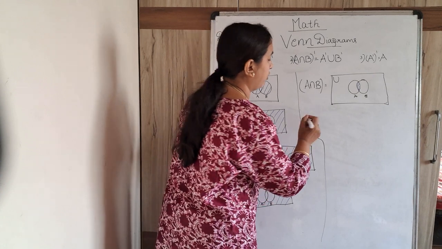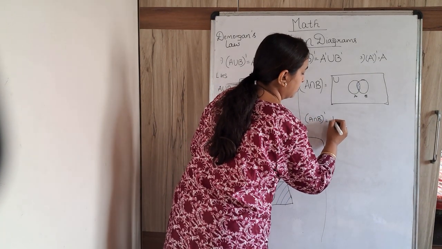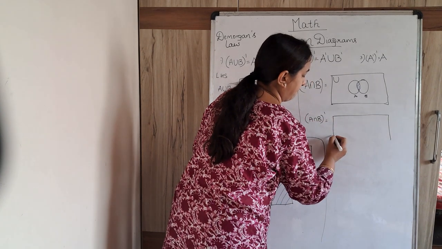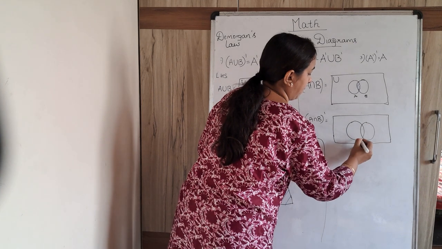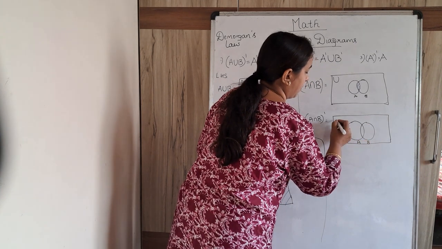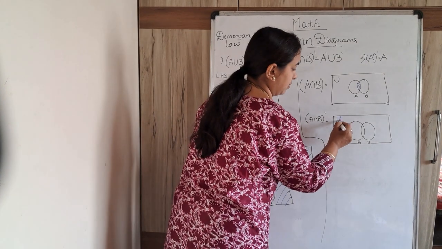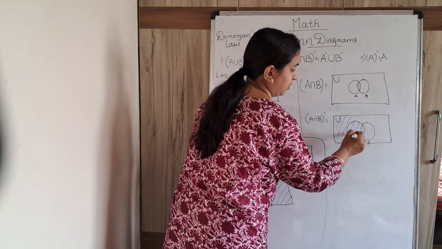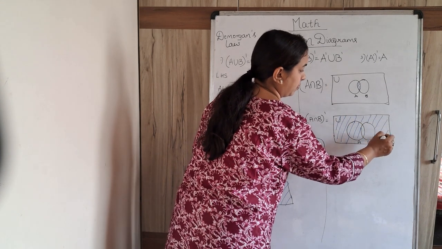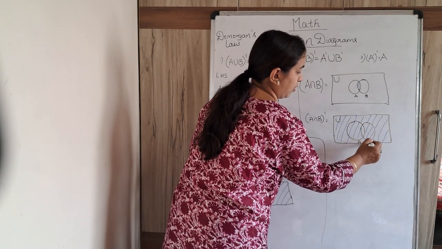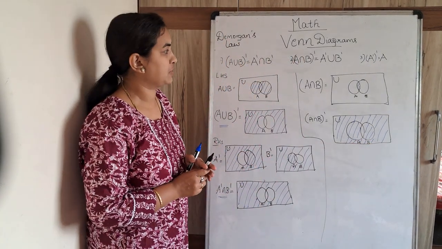Okay. In order to find A intersection B the whole dash, you need to shade everything except this part. Okay. So this represents our A intersection B the whole dash.